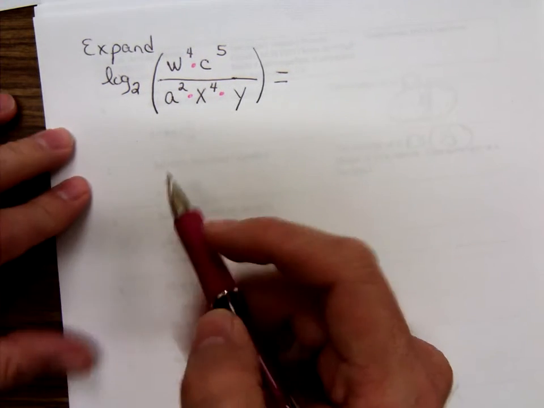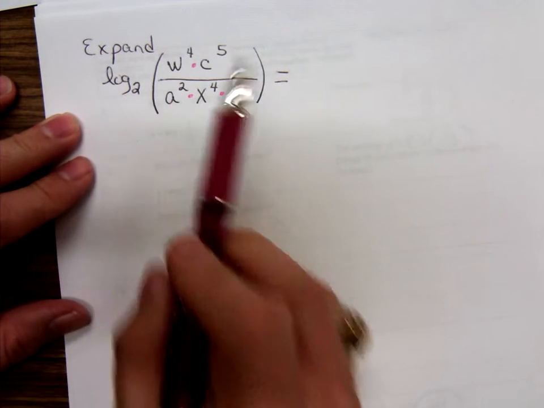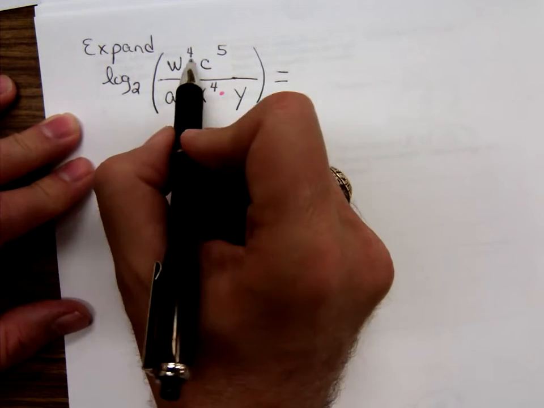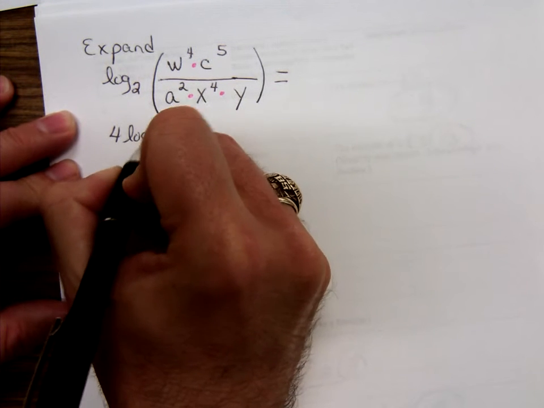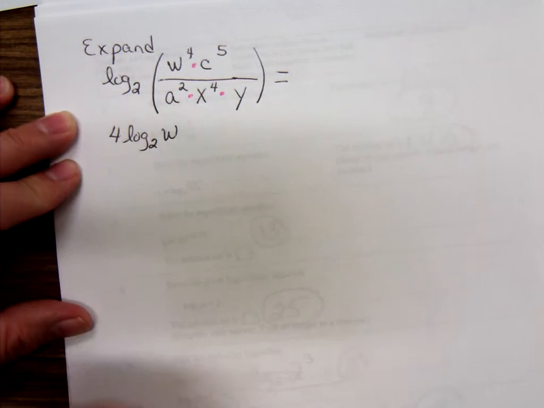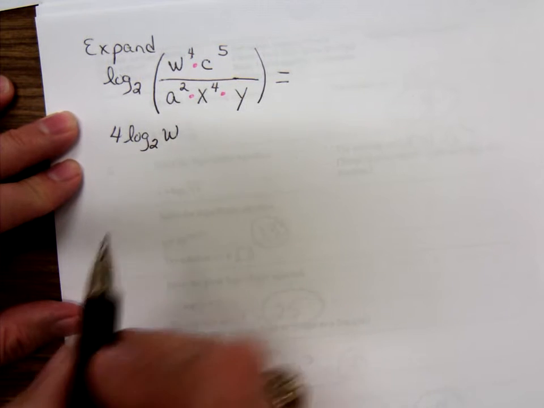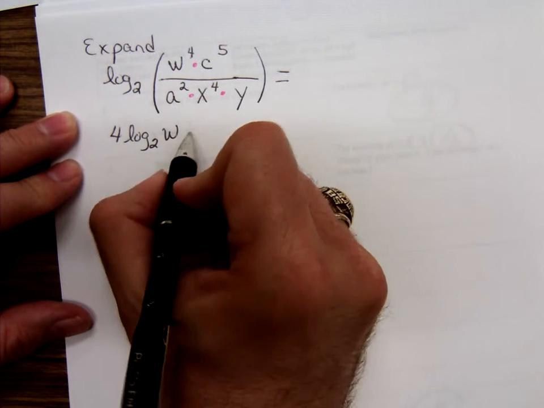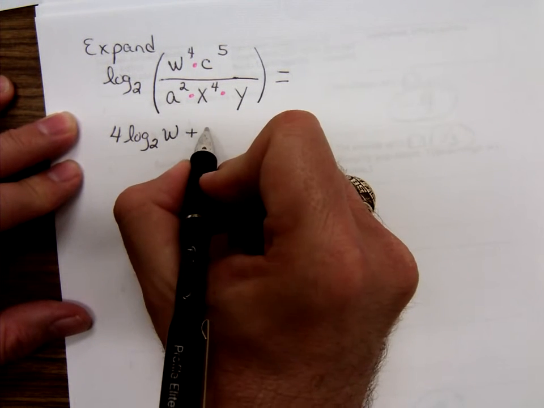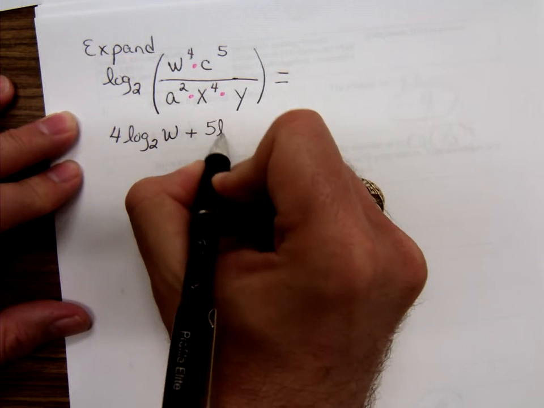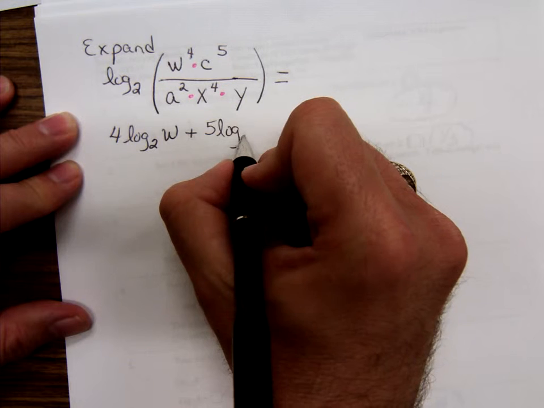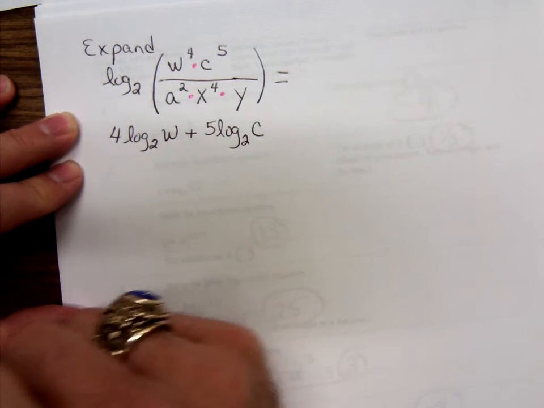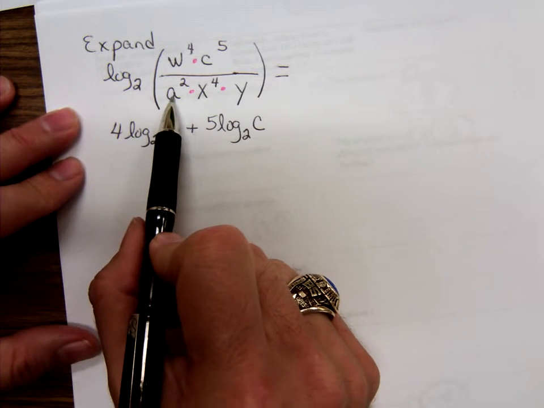So just to get started, the exponent goes in front of the letter L. So 4 log base 2 of W, then a plus, because the c to the 5th is on top, plus the 5 goes in front of the letter L, log base 2 of c. Now we've moved to the bottom.